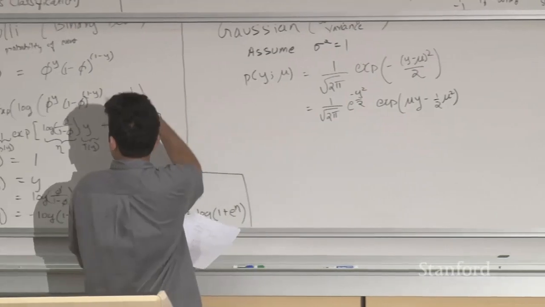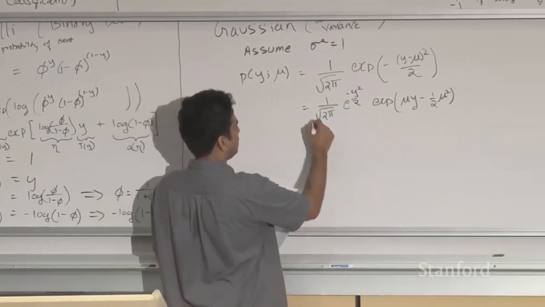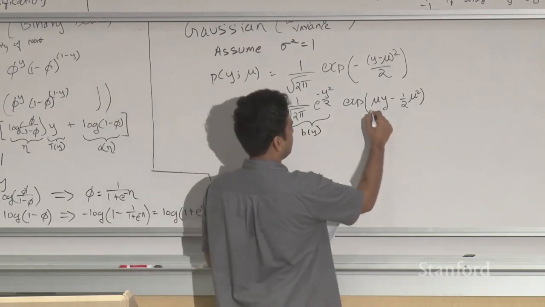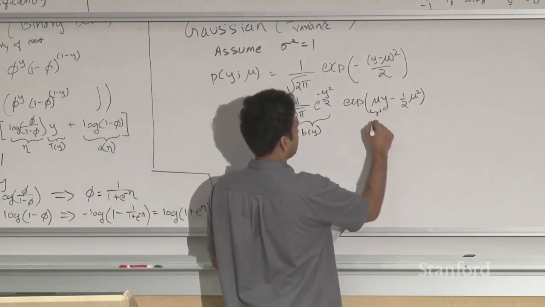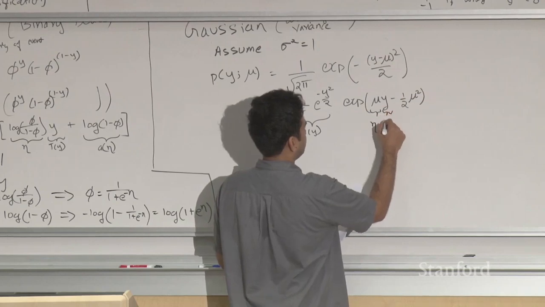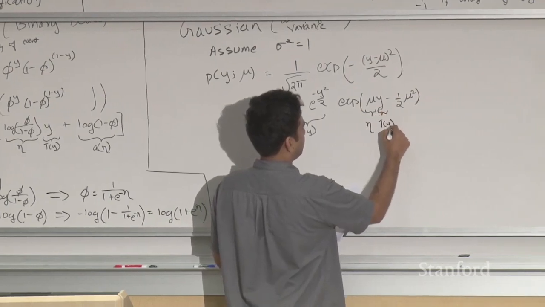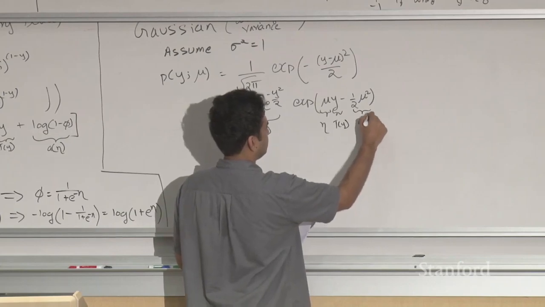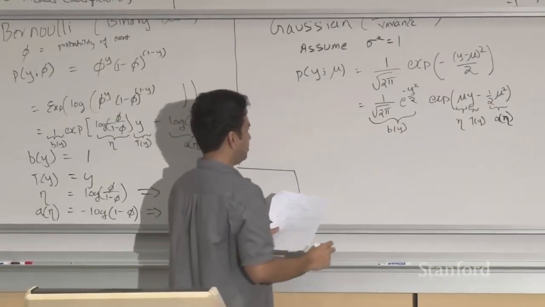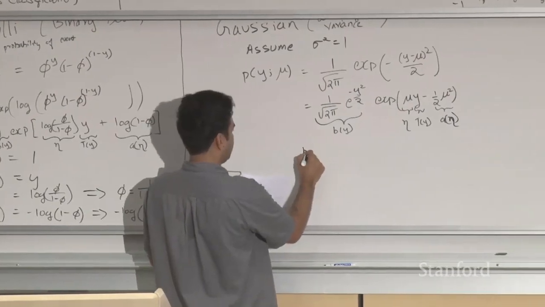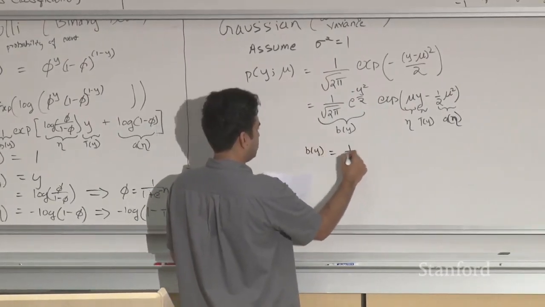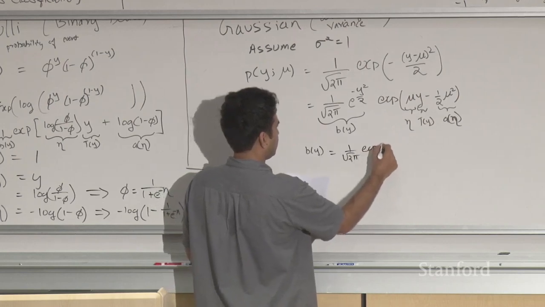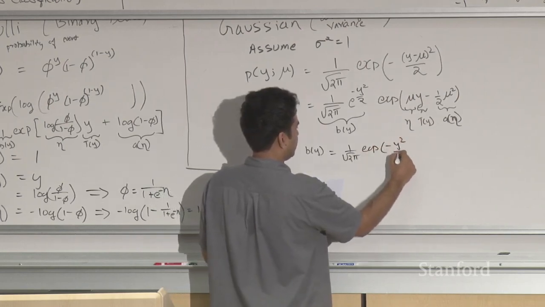Again, we go through the same exercise, pattern match. This is b of y, this is eta, this is t of y, and this would be a of eta. So we have b of y equals 1 over root 2 pi e to the minus y square by 2.